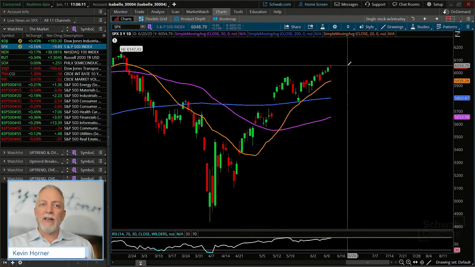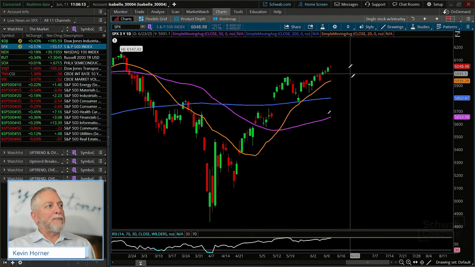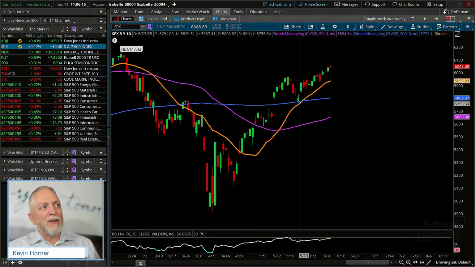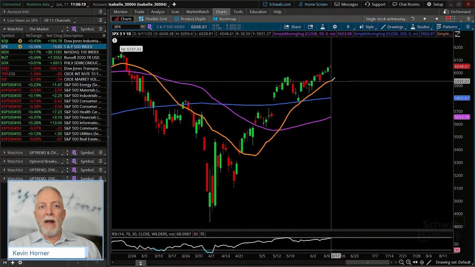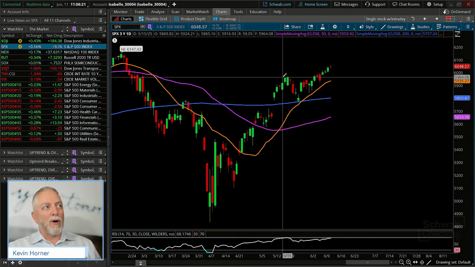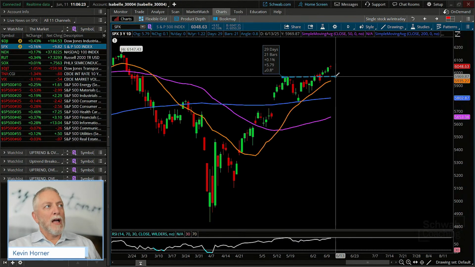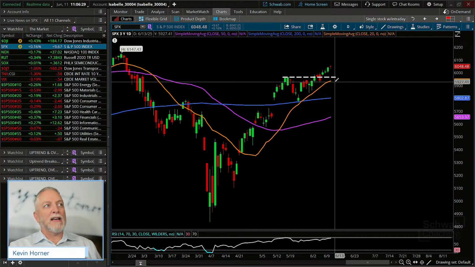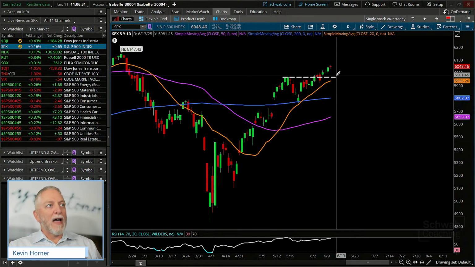What that allows us to do from a trend standpoint is bring these speedier moving averages, like the 20-day, into and beneath our major areas of support. There's one here at the prior highs we've been talking about. Some traders are going to look at this, and you'll notice that the 20-day isn't too far away from that level.